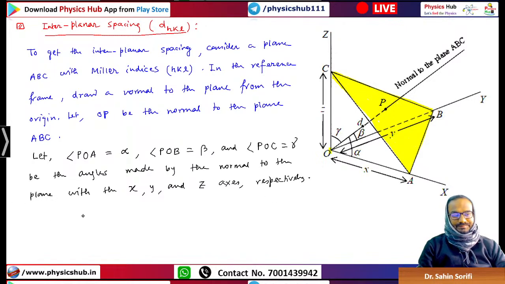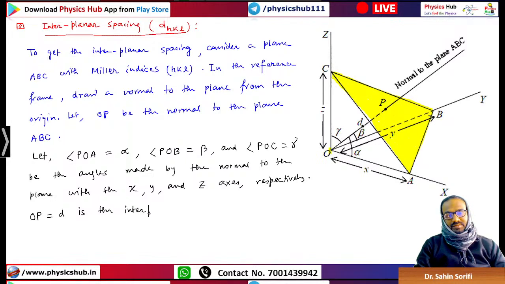Very straightforward. OP, which is equal to D, this is the interplanar spacing. This is the interplanar distance.